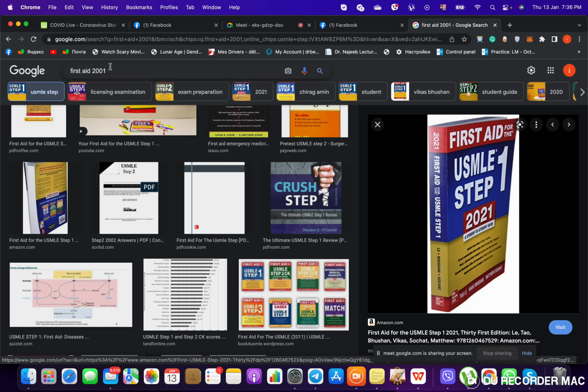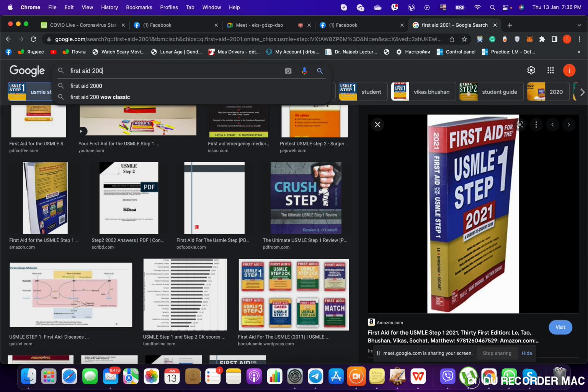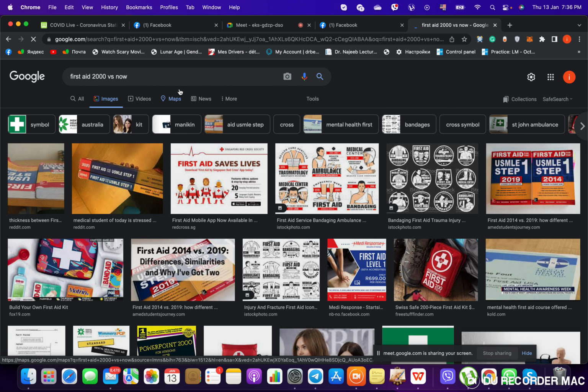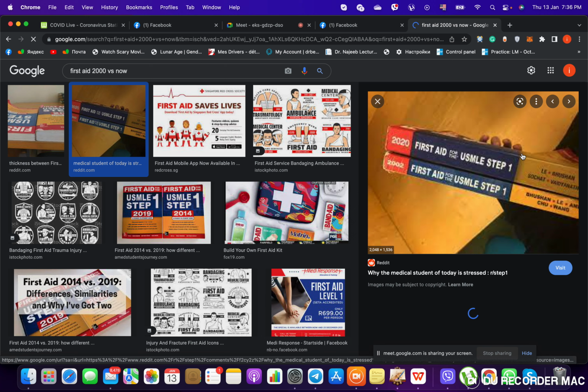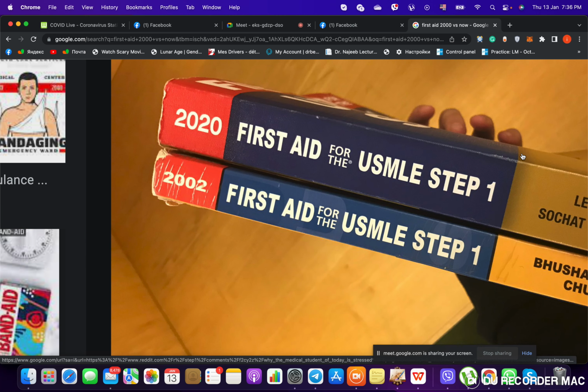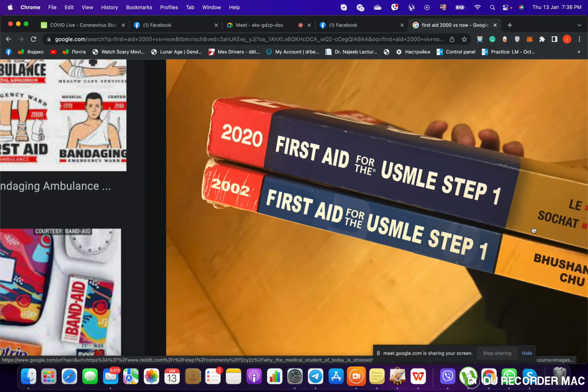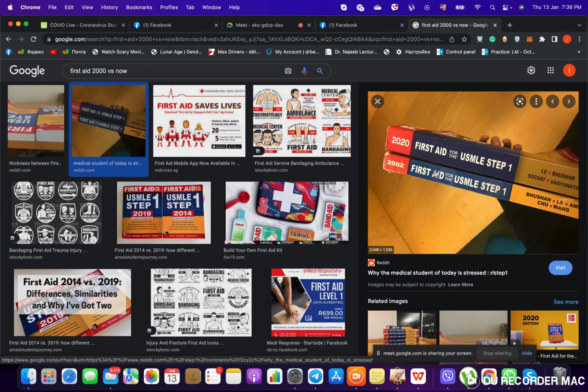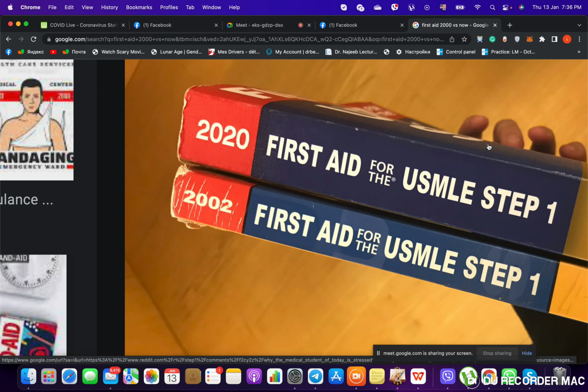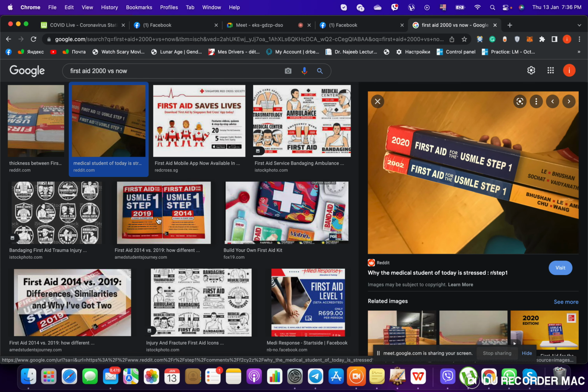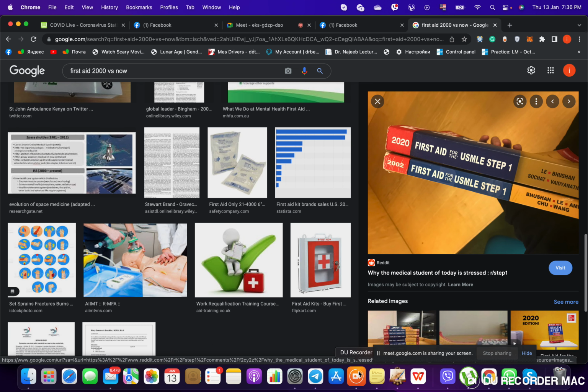It used to be super thin. So take a look at this. Finish your exam as fast as possible, because the more you wait, the thicker it gets. Okay? So, let's go to the next one.